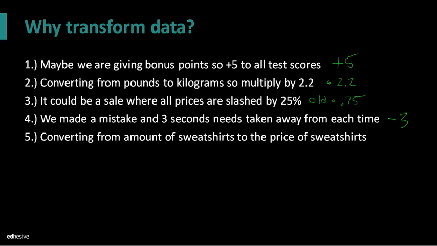For example, maybe we sold 1 sweatshirt, and then 3 sweatshirts, another day 5, and another day 7, and we want to convert the number of sweatshirts to money because every sweatshirt is worth $10. So I'd have to multiply every value by 10, which would convert them all to dollars. So 1 sweatshirt would be worth $10, 3 sweatshirts, $30. You get the point. So there are several situations where it would make a lot of sense to convert or transform our data.